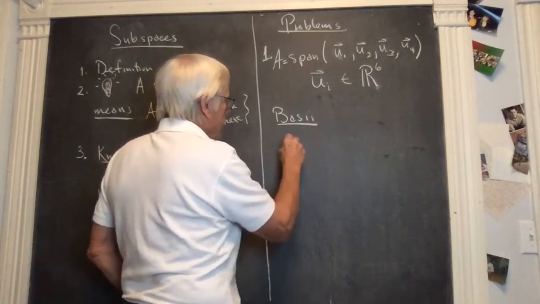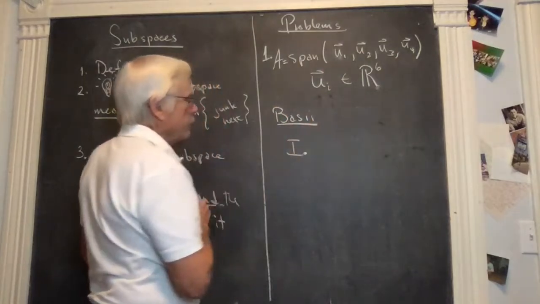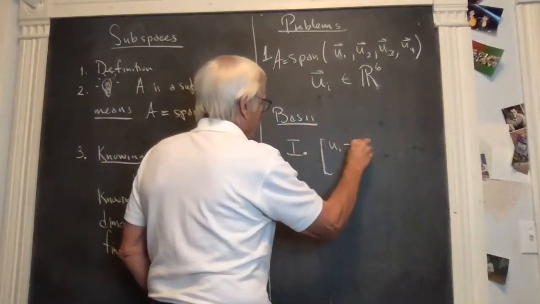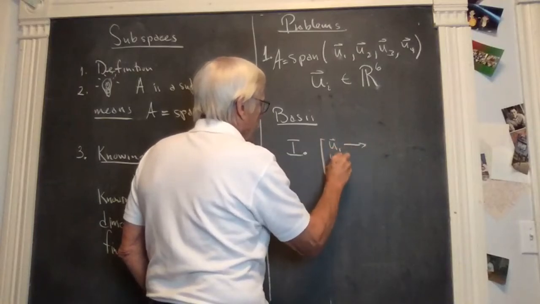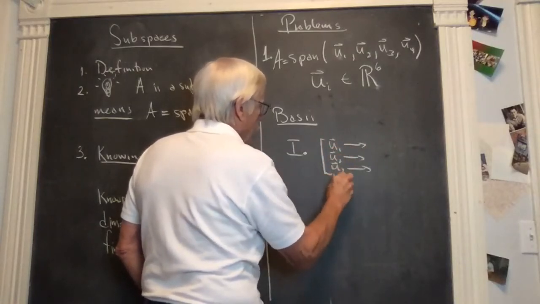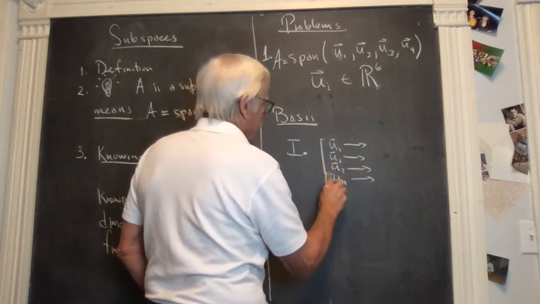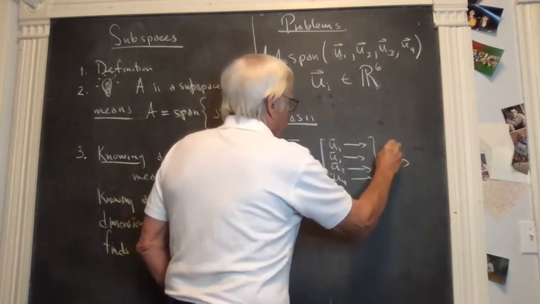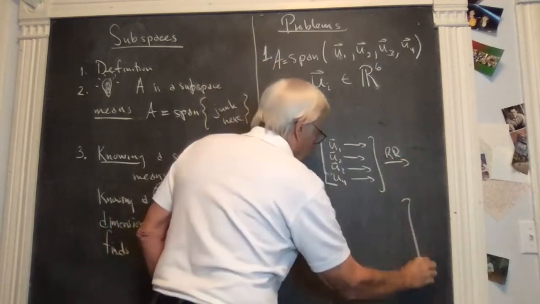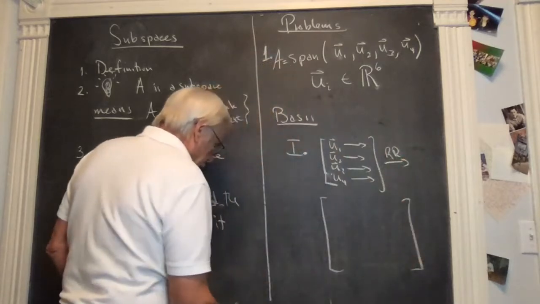you have two methods. The first method writes these vectors in rows. U1, U2, U3, and U4 are written in rows. Reduced row echelon form. And when you get the reduced row echelon form, it will be stepped.